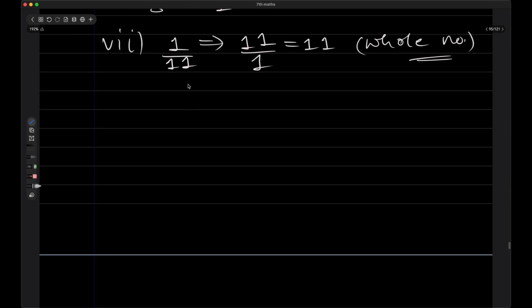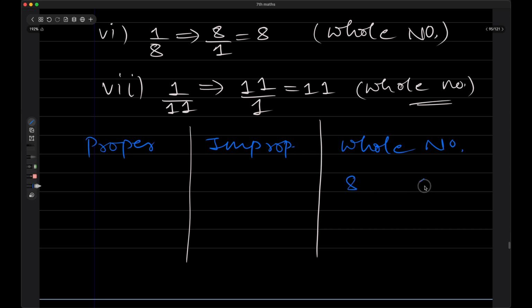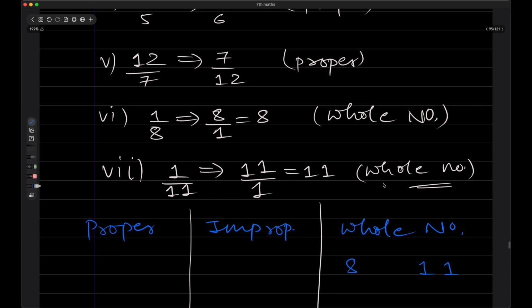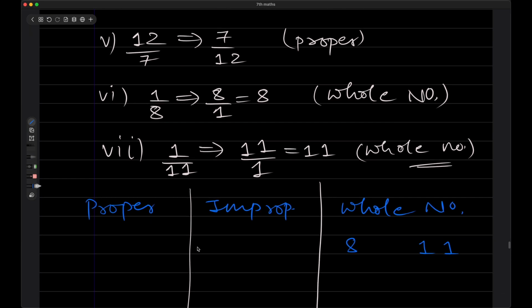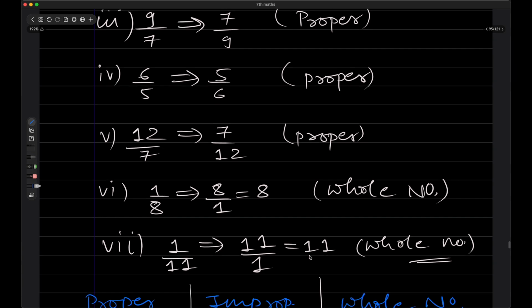Now to categorize all these numbers into proper, improper and whole numbers: two whole numbers, that is 8 and 11; proper fractions are 3, that is 7 by 9, 5 by 6 and 7 by 12; and two improper fractions, that is 7 by 3 and 8 by 5.